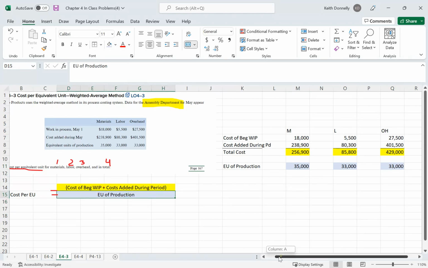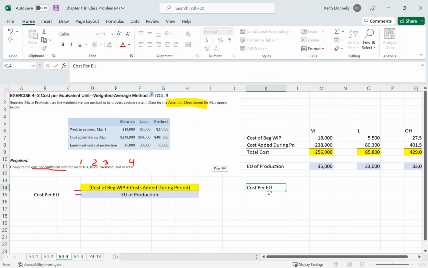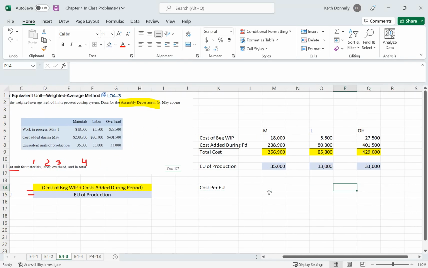So in this way, if we're going to try to figure out our cost per equivalent unit, which is what they're asking us for materials, labor, overhead, and in total, you're going to take your numerator divided by your denominator. Looks like it's 734 with regard to materials. Can copy and paste that formula over.